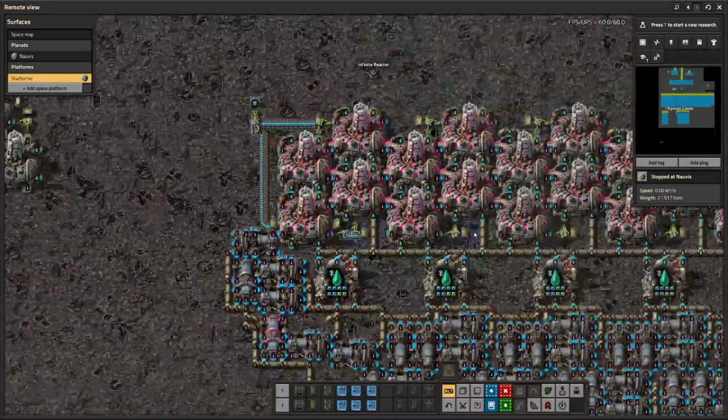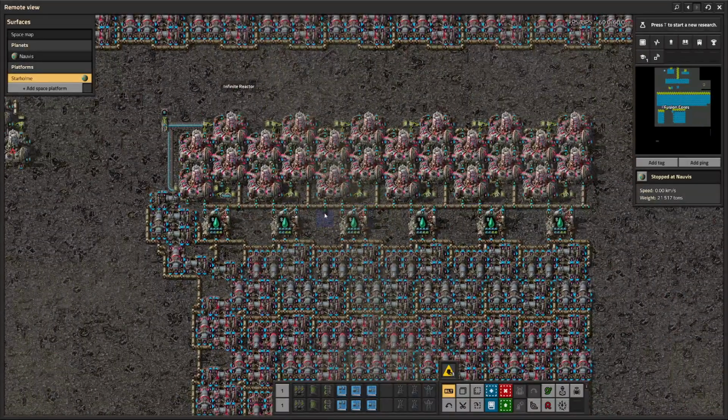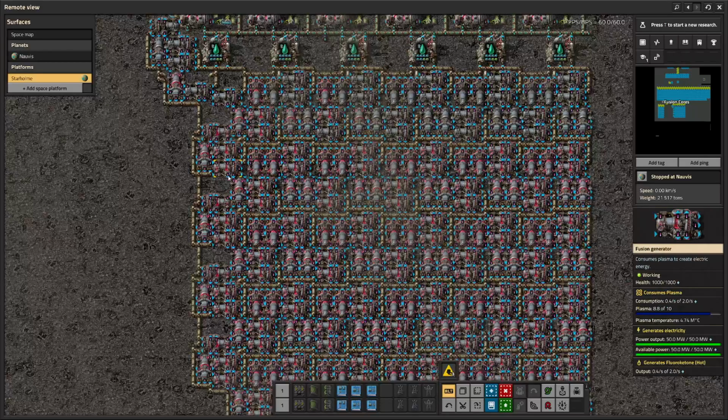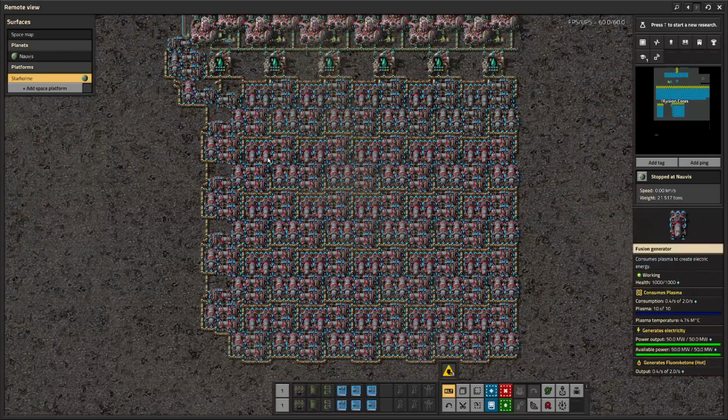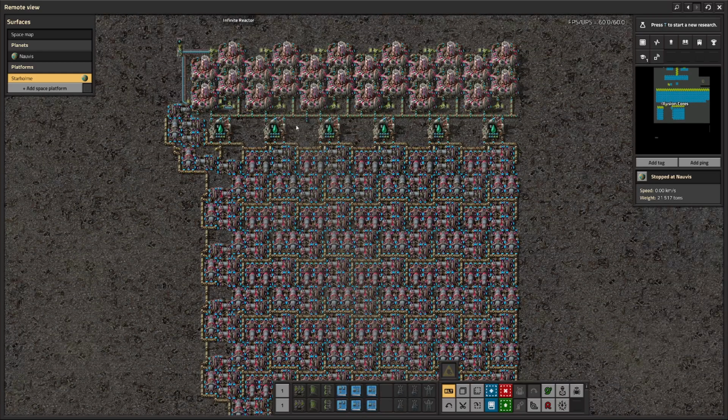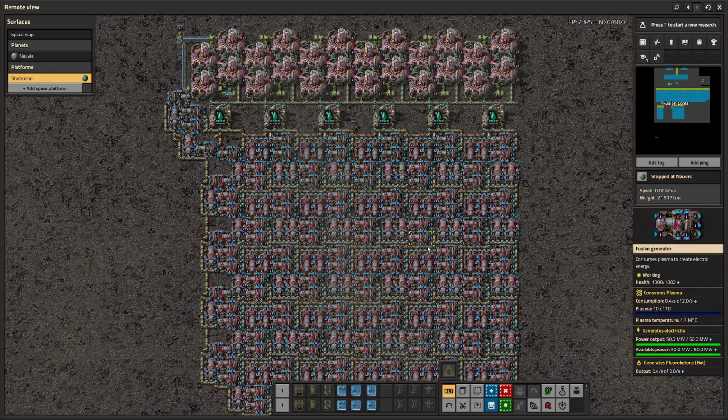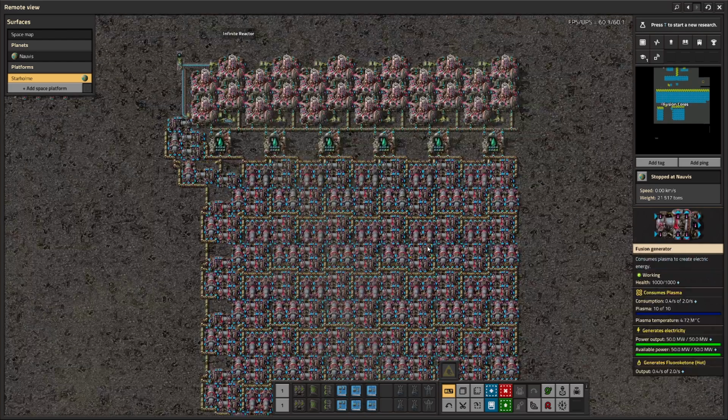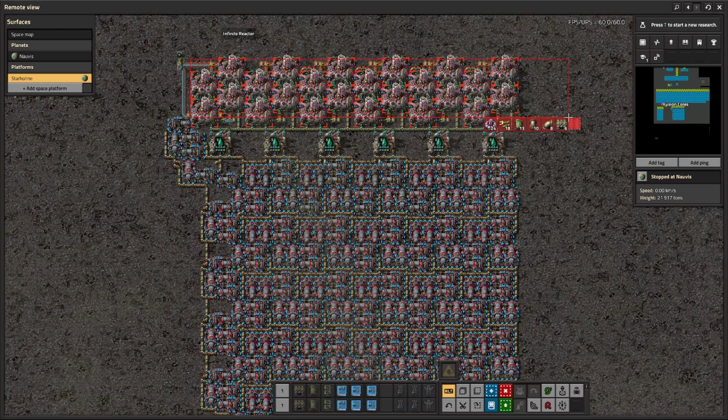And we need to put a little more fluoroketone in the system because right now this was set for the smaller reactor, so we just put a little infinite pipe to inject a little more fluoroketone in our little sandbox here, and you can see all the turbines will start lighting up and bring it up to full power. And you can see it's still perfectly ratioed.